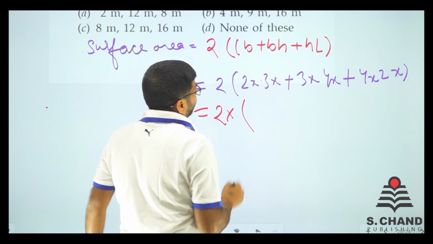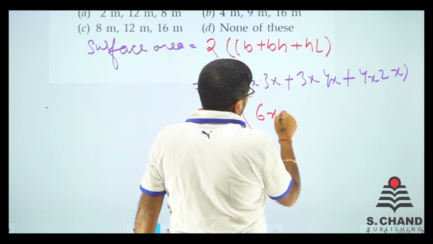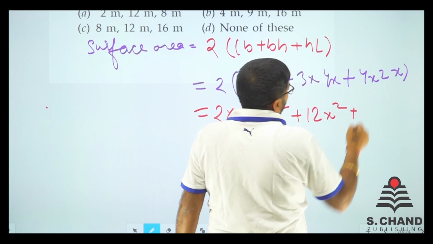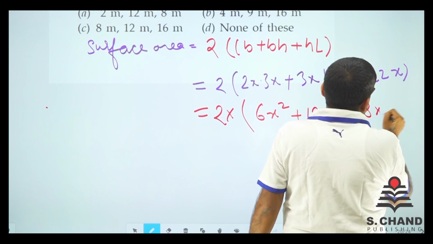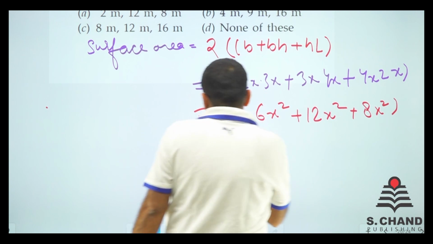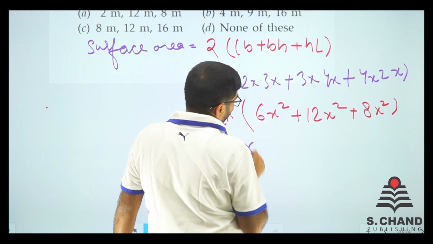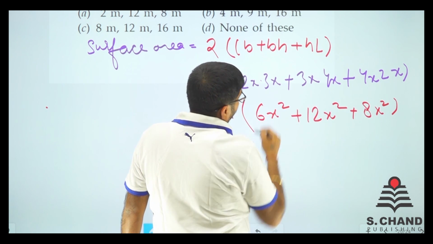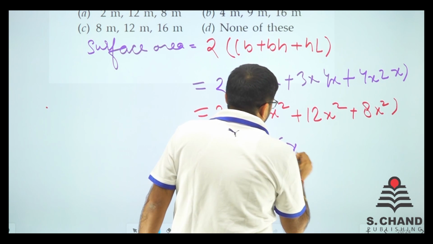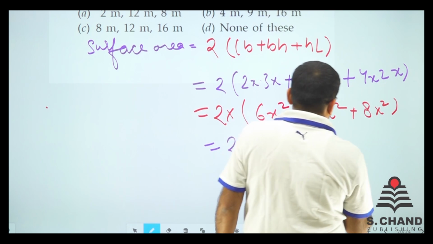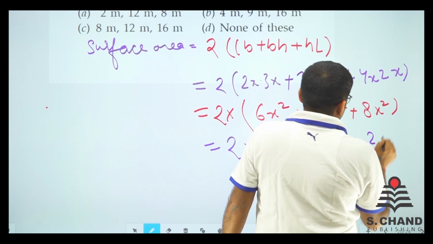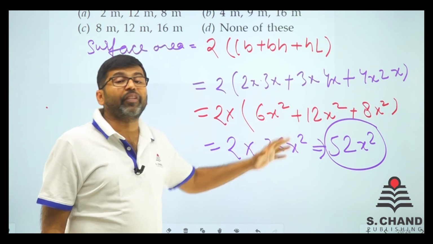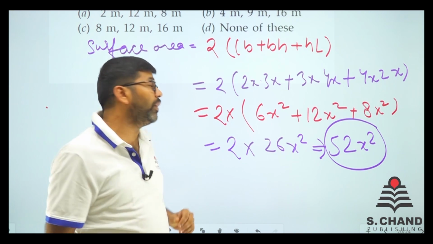Now 2 into 3 into 2 is 6x square, 3 into 4 is 12x square, and 4 into 2 is 8x square, right? So we have got 2 into 6 and 12 and 8 is 20 and 26. So 26x square, that comes out to be 52x square. This is the actual surface area of the covering, right?